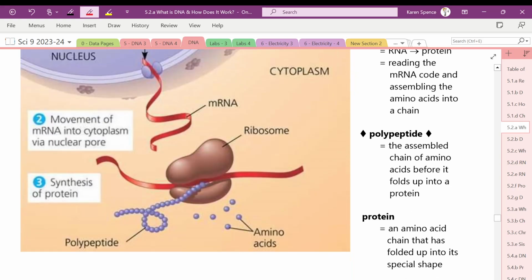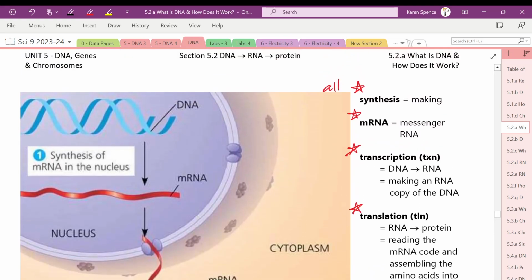We've already learned protein. So let's just go back up and see what all these words are.